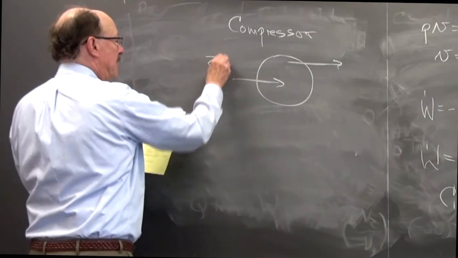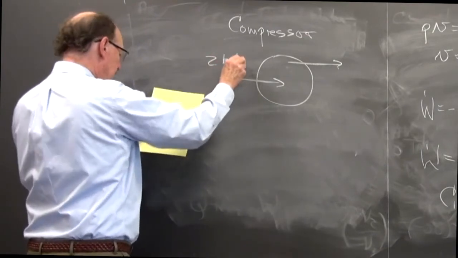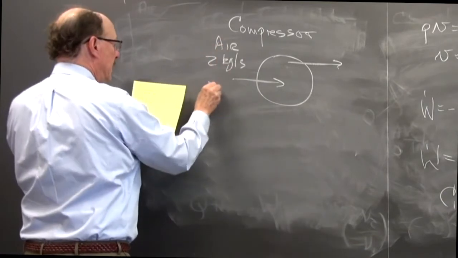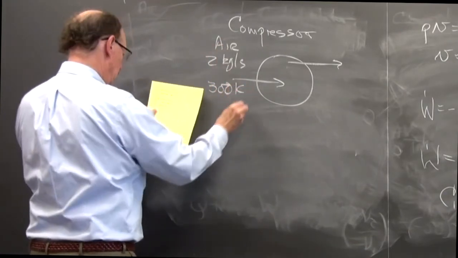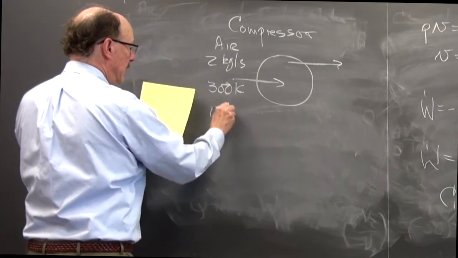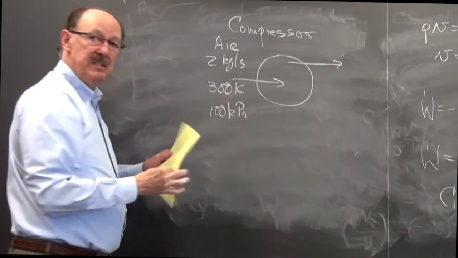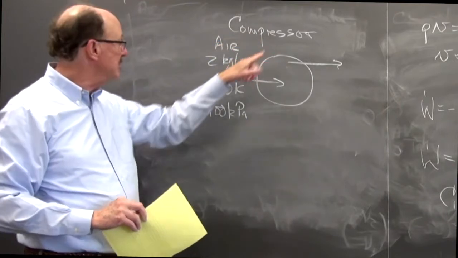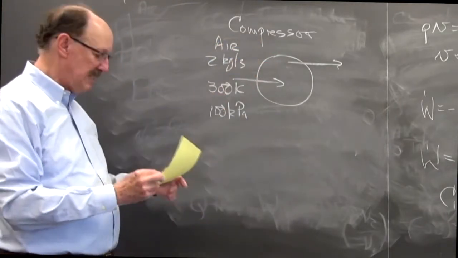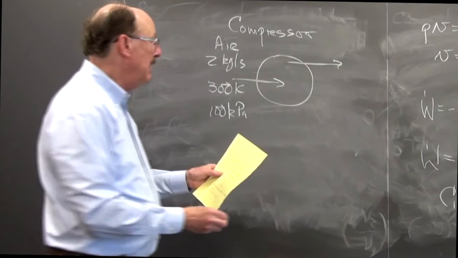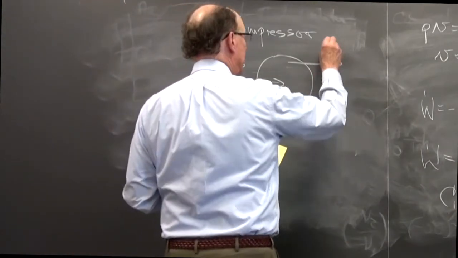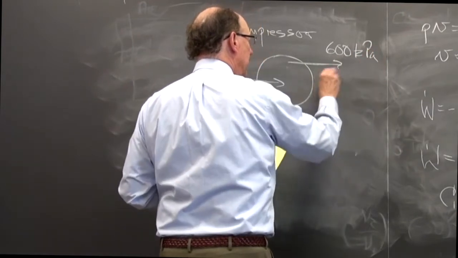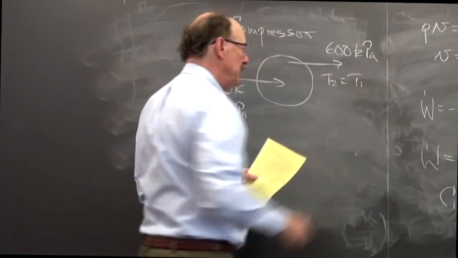Let's have 2 kilograms per second of air, 300 K, 100 kPa. These will be the inlet conditions. The temperature stays constant and the pressure increases. Let's say the pressure here is 600 kPa, and T2 is equal to T1 as we set that up.